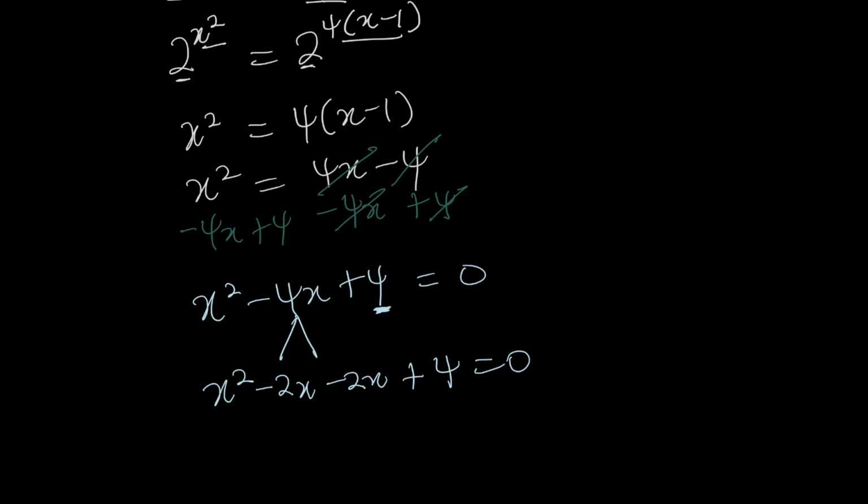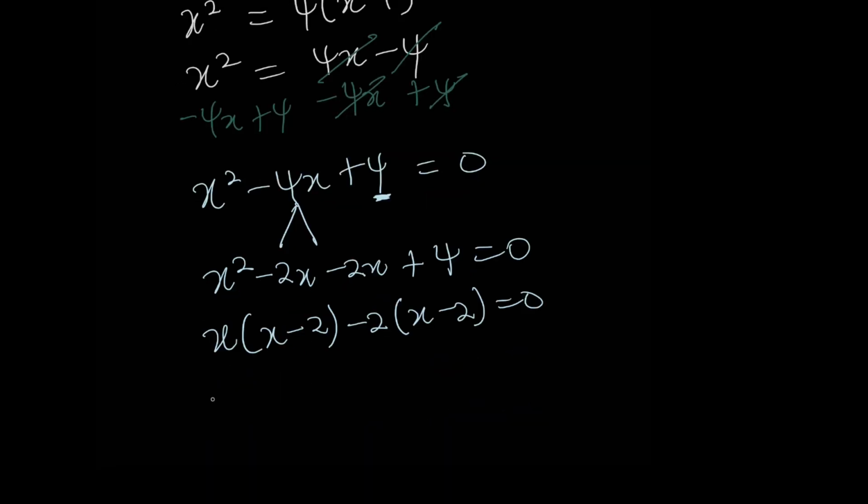So we can now factorize the common terms. So we have x out, x minus 2, then -2 out, x minus 2 equals 0. So you're going to have x minus 2, then you pick one of the brackets, x minus 2 equals 0.